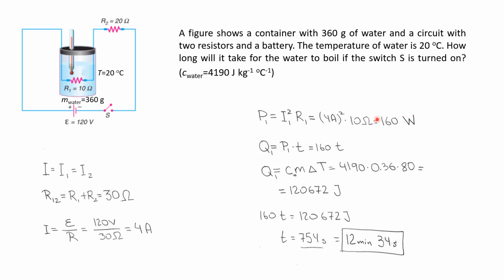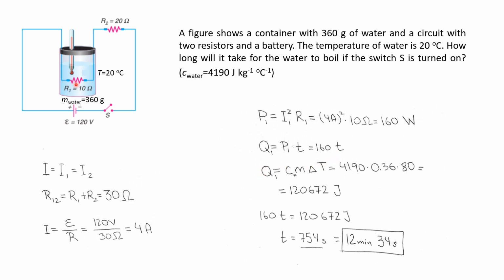Now, this is the power, but how much heat is being generated? To find the amount of heat energy, we just multiply the power by the amount of time that the circuit was on. So we know the power, which is 160 watts, but we do not know the time yet. So we just keep T here.